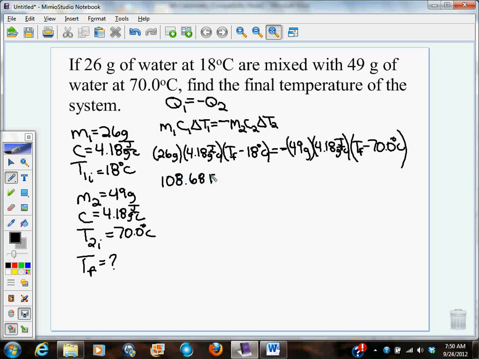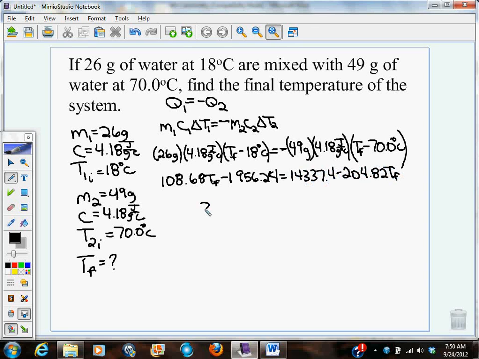Now, when I multiply this out, on this side, I end up with 108.68 TF minus 1,956.24 equals 14,337.4 minus 204.82 times temperature final.